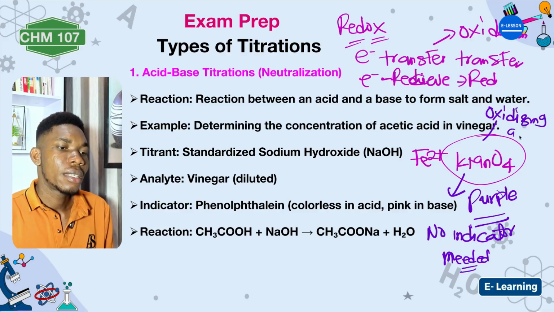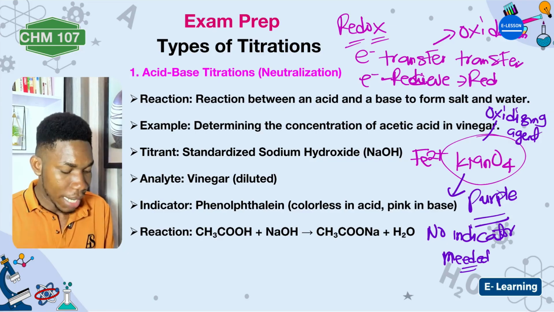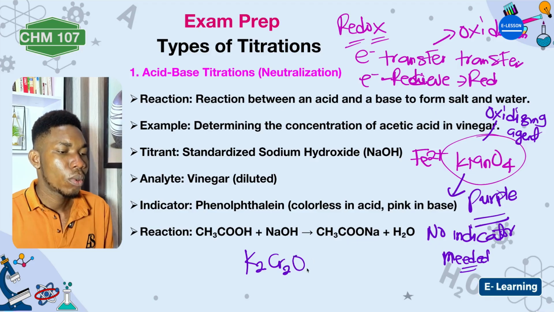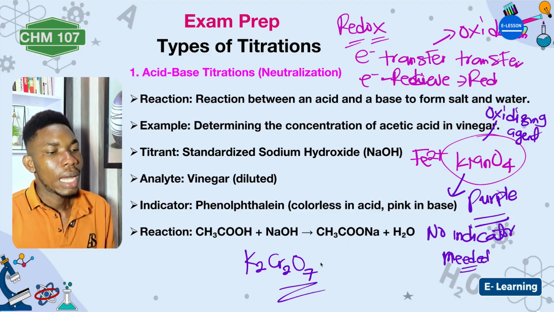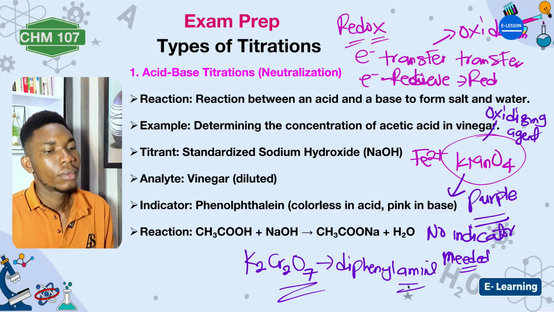Then another oxidizing agent that is used for other titrations is potassium dichromate, K2Cr2O7. Now, this one often requires an indicator like diphenylamine. It often involves the use of this particular indicator.